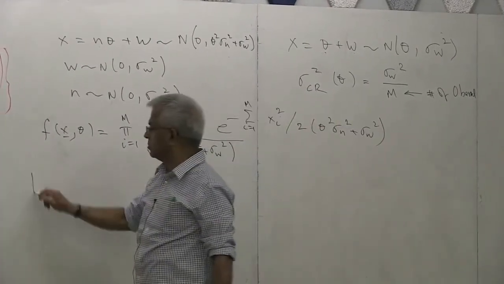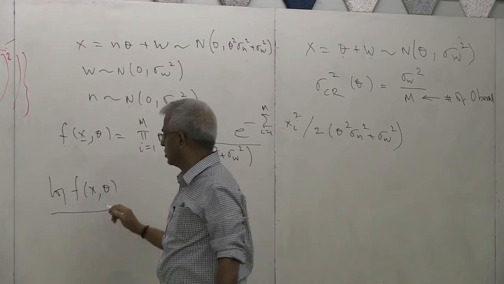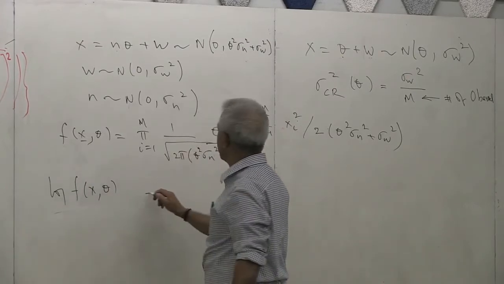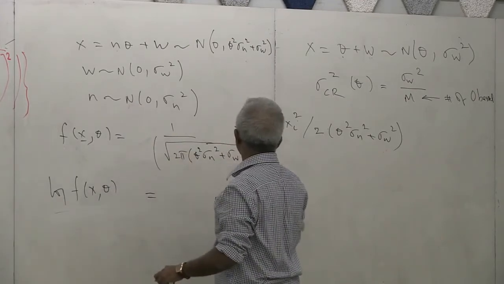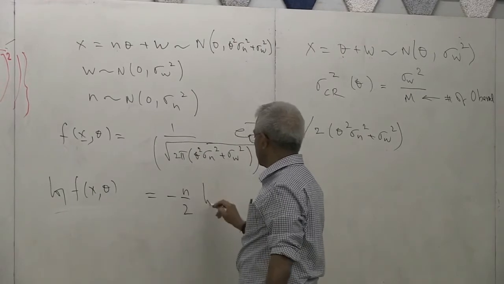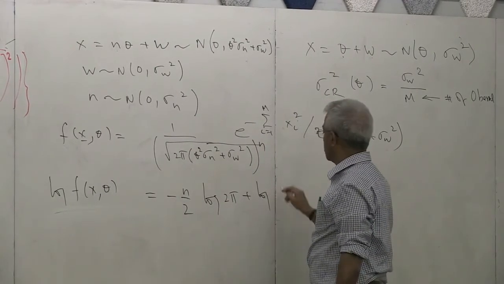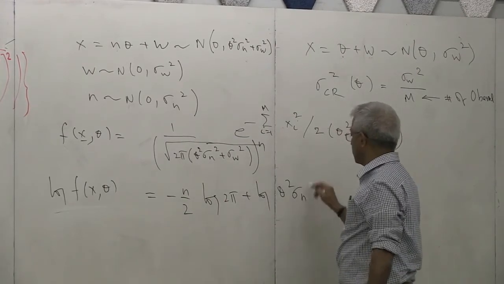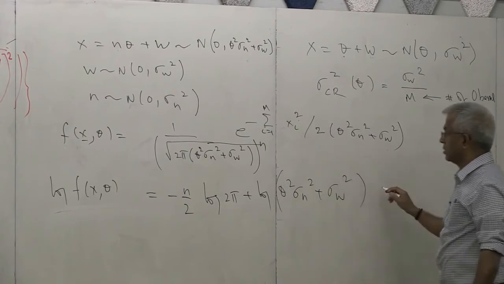All right, so you have to do d log f, right? I mean, log f of x comma theta. First of all, I already included this, so this is to the power n. So minus n by 2 log 2 pi plus log theta squared sigma n squared plus sigma w squared, right?